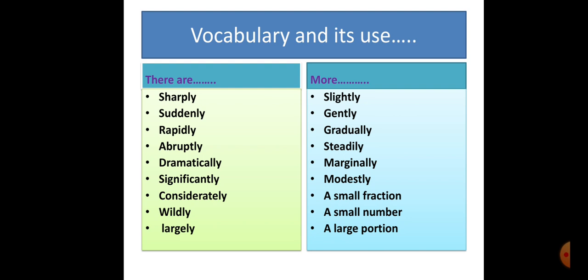I want to mention some particular words that are sharply, suddenly, rapidly, abruptly, dramatically, significantly, considerably, wildly, largely, slightly, gently, gradually, steadily, marginally, modestly, a small fraction, a small number, a large portion.